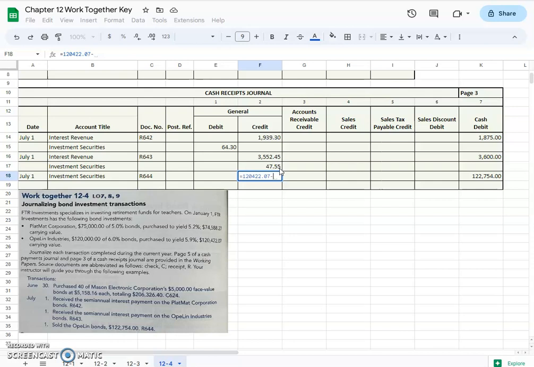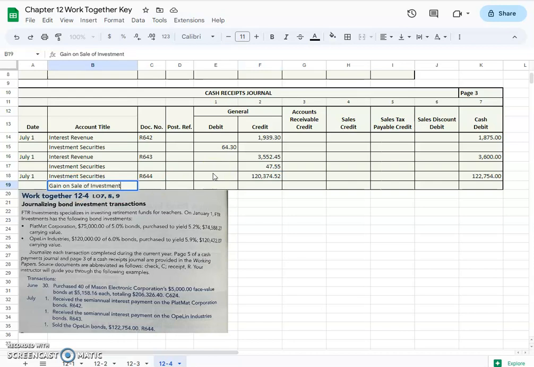So we subtract away the $47.55 credit, which leads us to what we have them on our books now as, $120,374.52. If that's what they're on our books for, but we sold them for $122,754, then we have a gain.